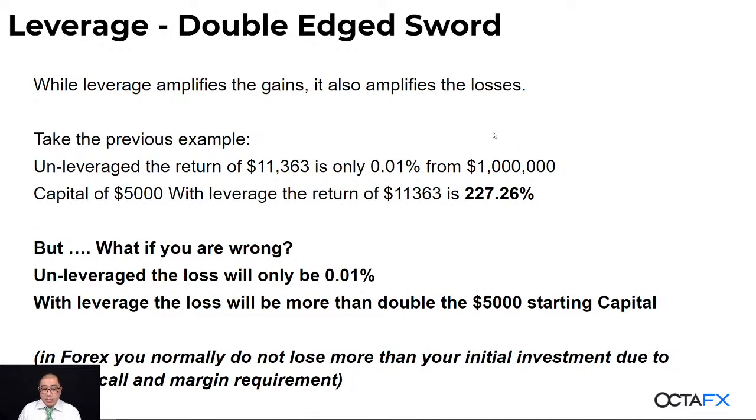And in this example there, if you have an unleveraged position of $1 million, then any gains that you have of 100 pip movement or 1 cent, it's 11,363, which is only 0.01. However, if you do use leverage and you start with a capital of 5,000, the return would be 11,363, 227% of your position. But if you're wrong, that would be double your starting capital.